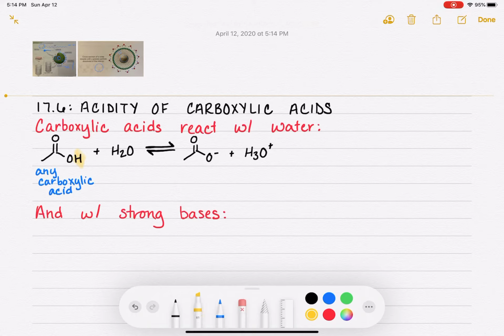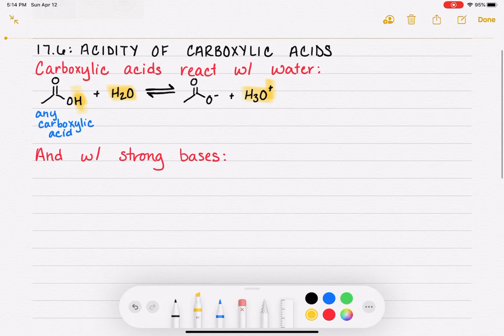The H3O+ is formed when the hydrogen from the carboxylic acid moves over and joins up with the H2O, so that turns it into H3O. The hydrogen also carries a positive charge with it, so when it moves over to the H2O, we end up having a positive charge. So that is the reaction of carboxylic acids with water.